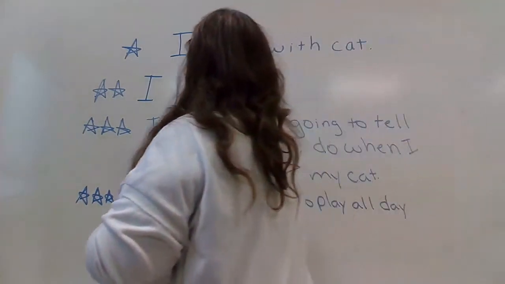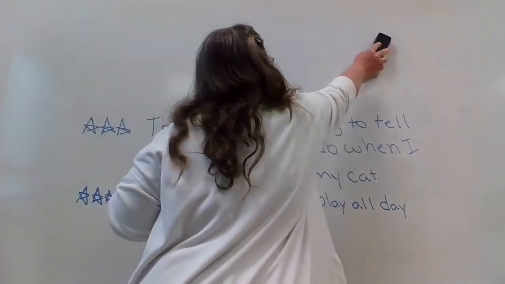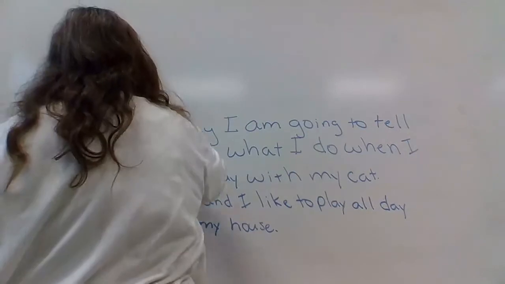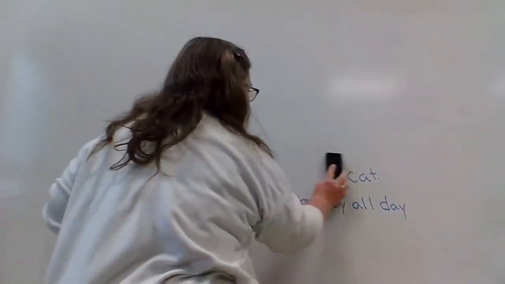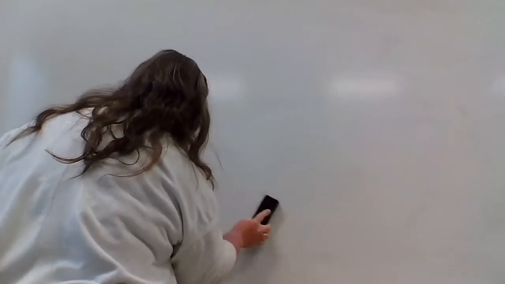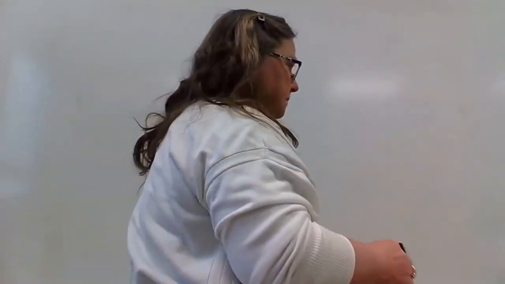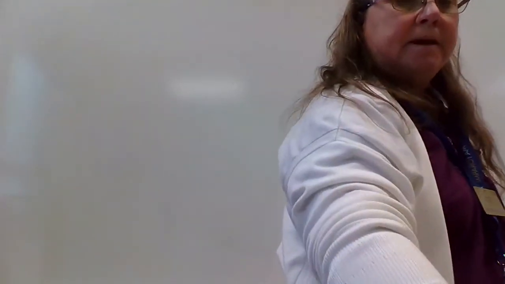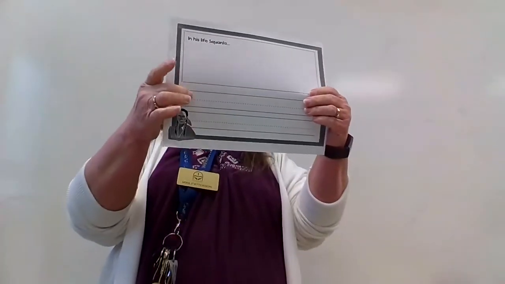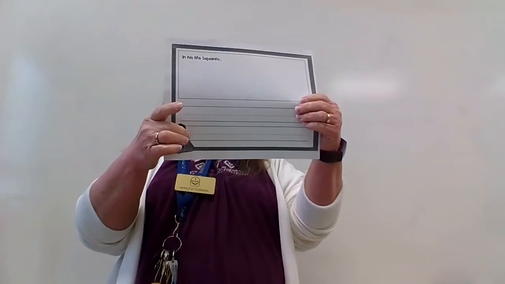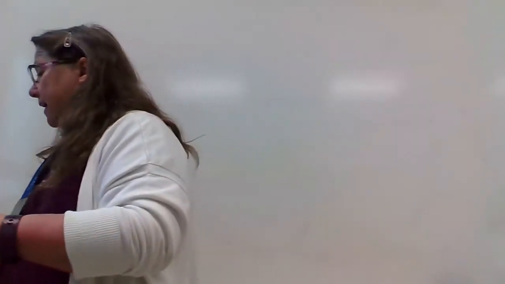So I'm going to go on and get rid of this. And we're going to try to write that opening sentence that interests the reader about what you're going to say. So, remember, you're going to write your opening sentence on these first 2 lines. Everything else is going to go on the back.